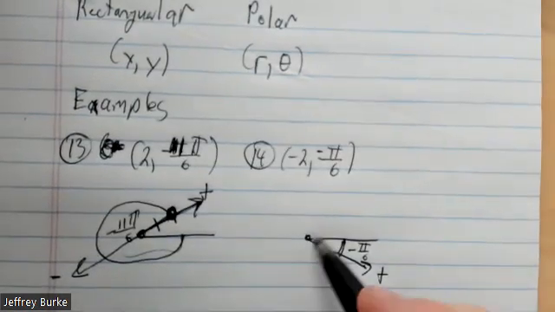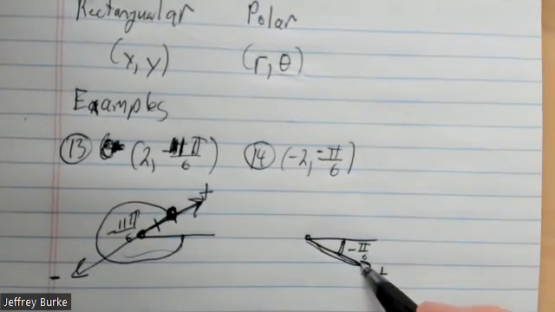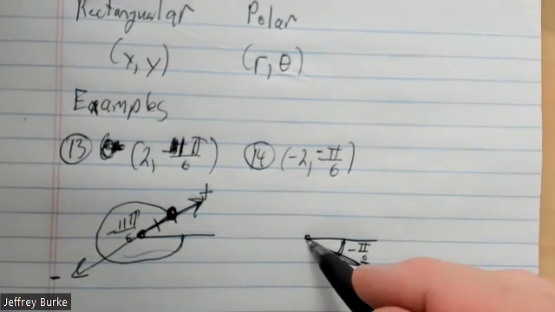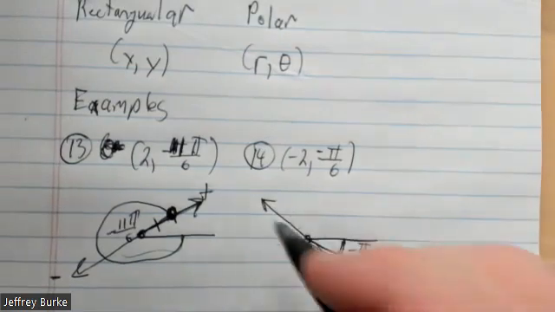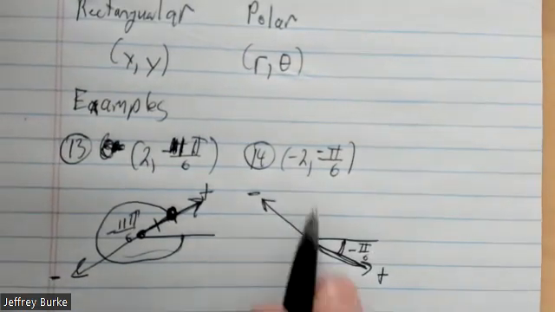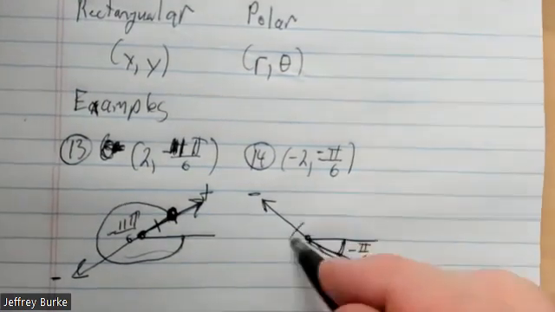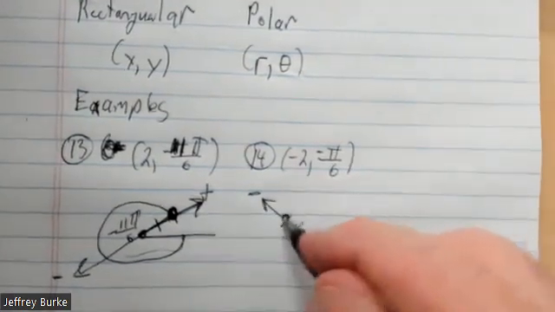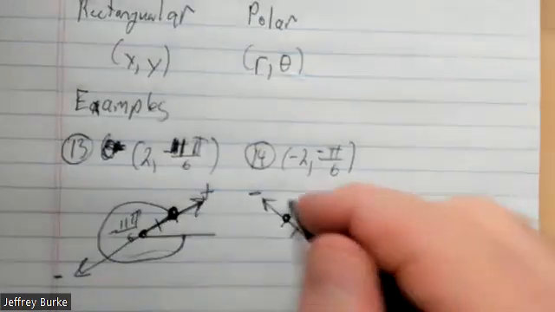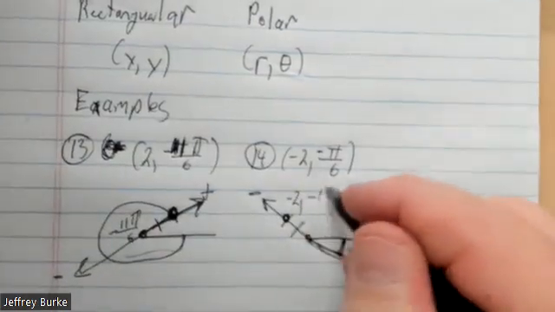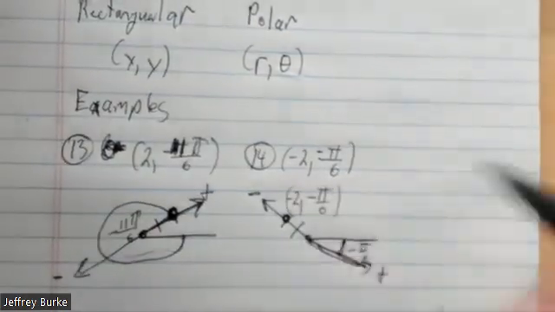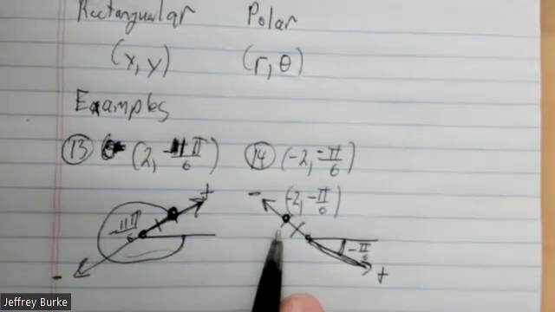So this part is going to be my positive part of the angle. My positive part of the number line. If I go the other way, this is going to be my negative side. Where is this telling me to go? It's telling me to go to the negative part. -1, -2. And there's going to be my point. -2, pi over 6.